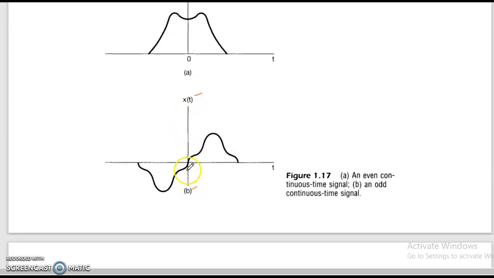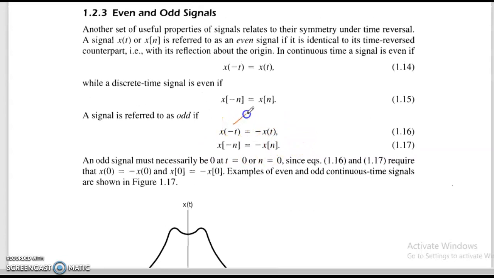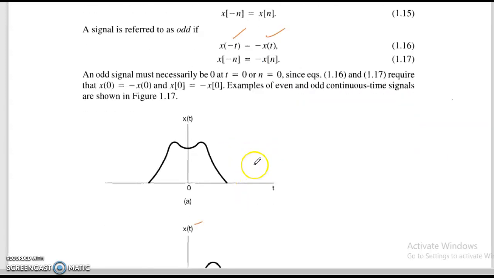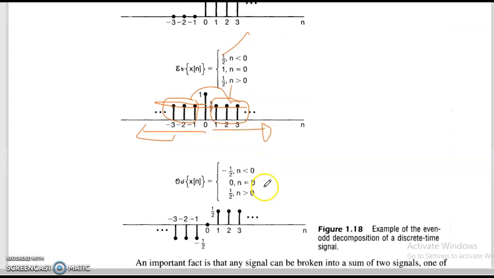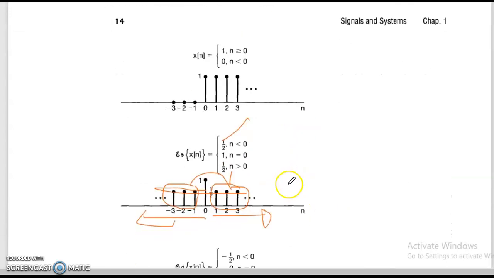So in this way, at t equal to 0, x of minus t equals minus x of t. In our discrete signal, x of minus n equals minus x of n.